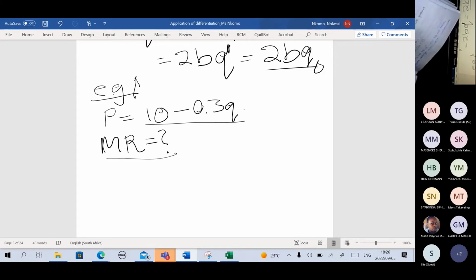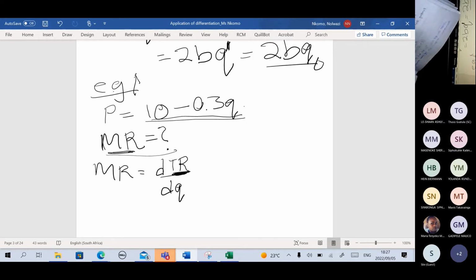First, we said the marginal revenue is the derivative of the total revenue with respect to Q, right? But we don't know the total revenue yet. But you can find the total revenue by multiplying the demand function by the number of units demanded.